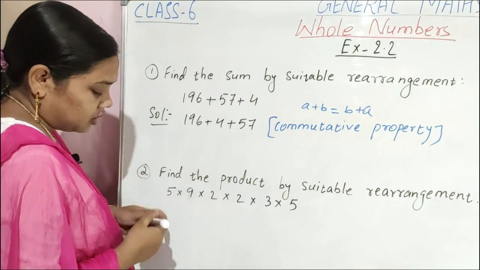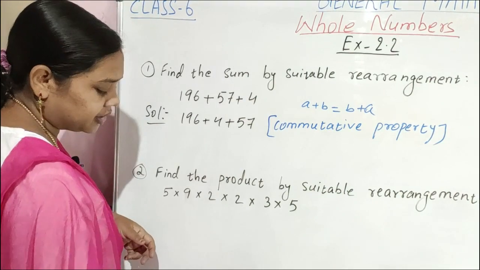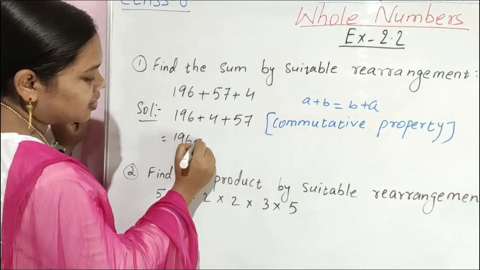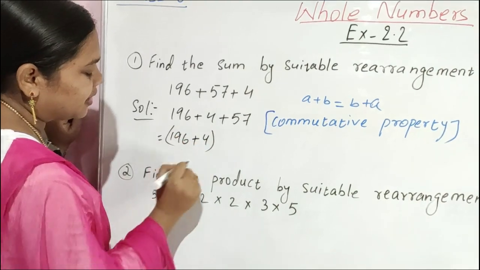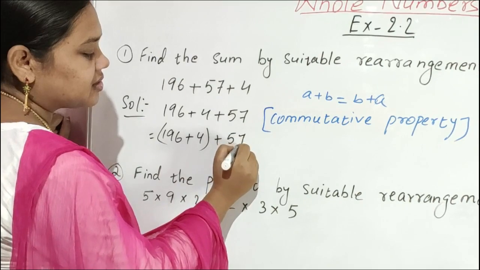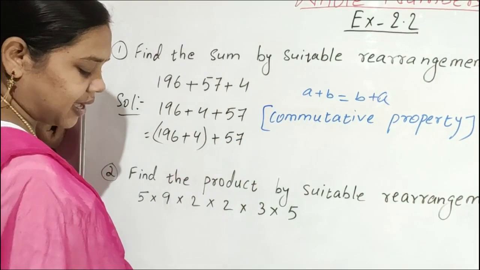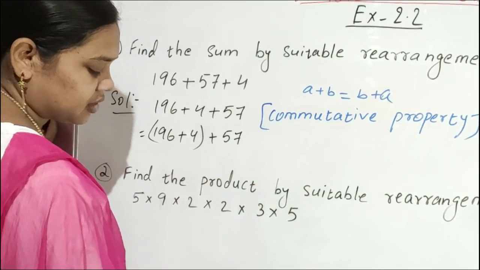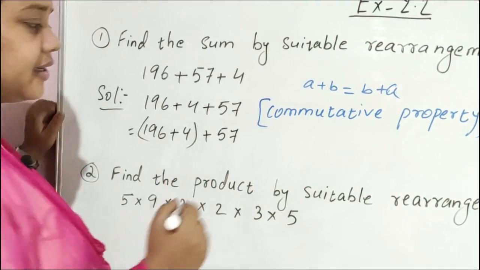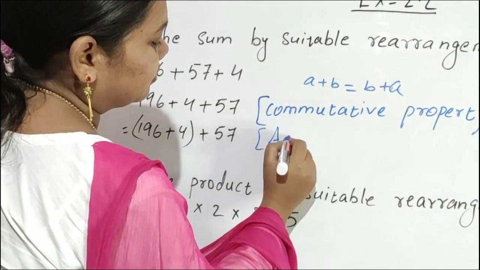Now, what can we do next? 196 plus 4 can be taken under a bracket, plus 57. So what property did I use here? Think about it. We have the associative property.